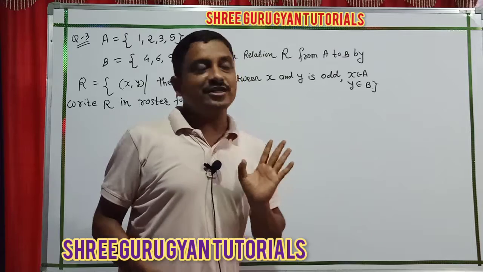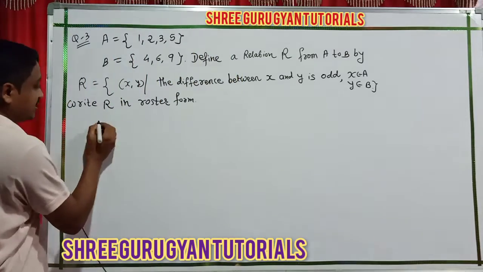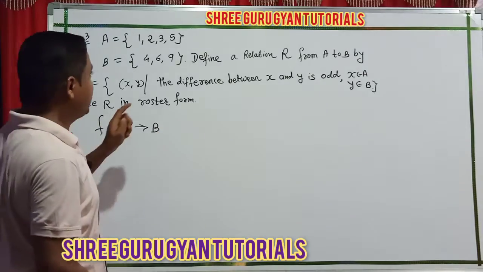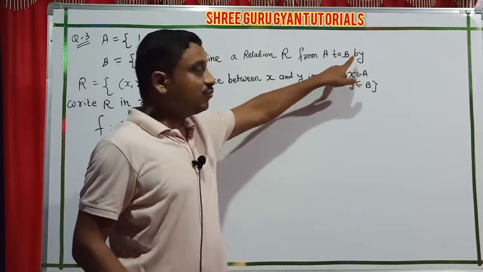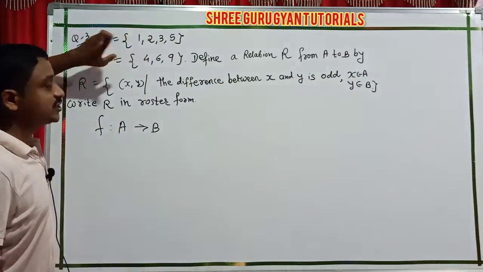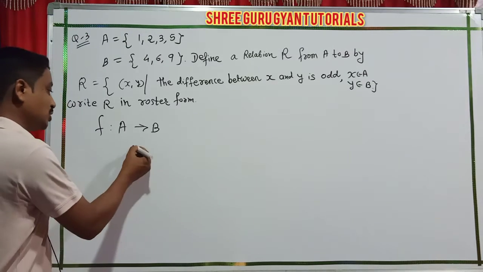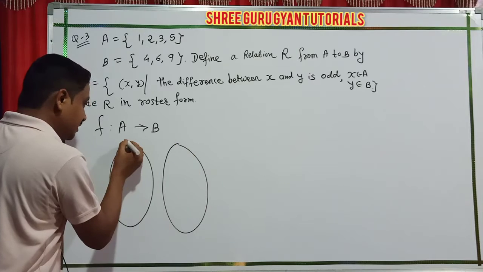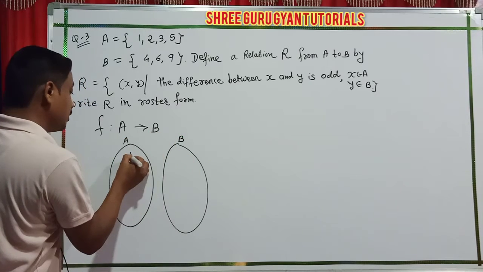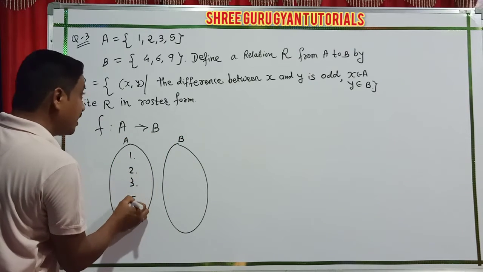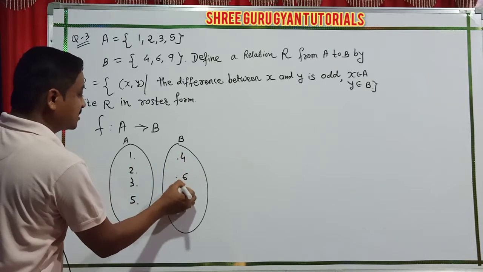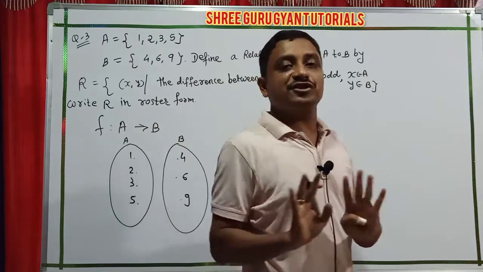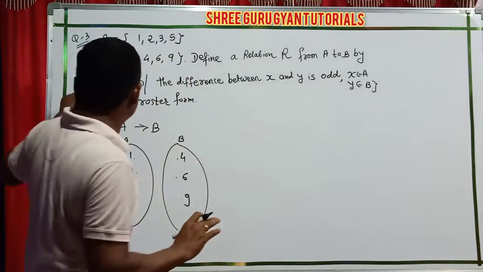It's very easy. First of all, I am going to write our relation from A to B. Yes, students, A is given, B is given, from A to B: 1, 2, 3, 5 and 4, 6, 9. You can also define the arrow diagram here. Here A and here B. A is 1, 2, 3, 5 and B is 4, 6, 9. Well, you put it, but don't make the arrows first. I just check our relation.